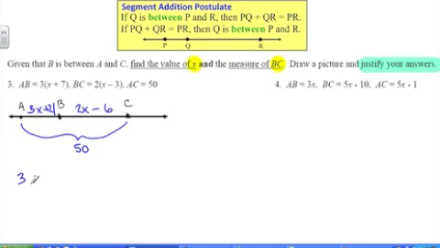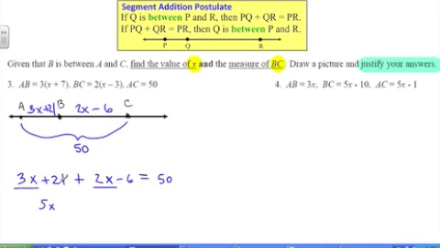AB, which is 3x plus 21, plus BC, which is 2x minus 6, equals the entire distance, which is 50. Put our like terms together. So we have 3x's and 2x's, which is 5x's altogether.